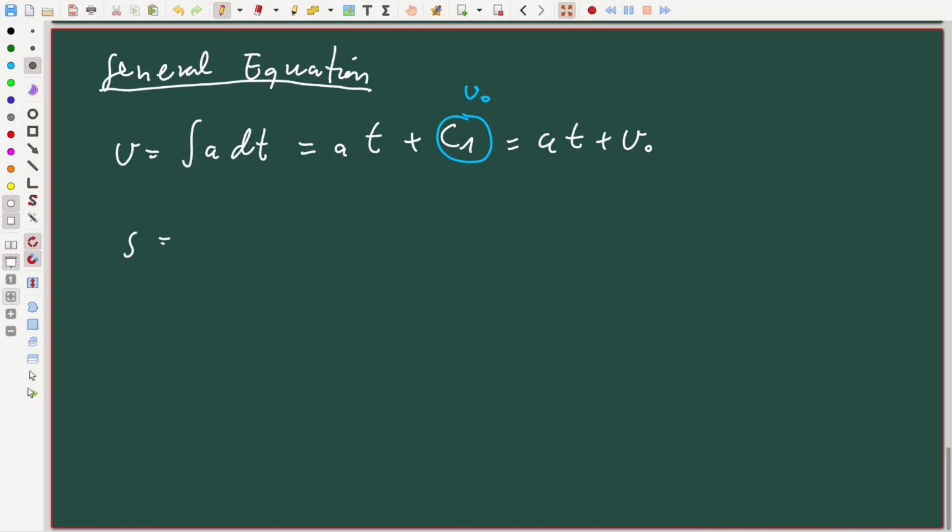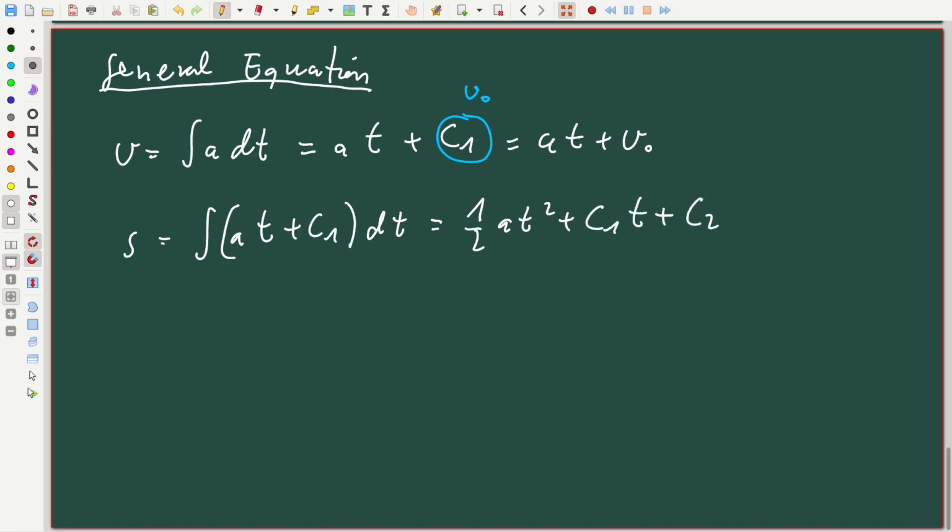So this would be s equal to the integral of at plus c1, and of course the integral has to be over this whole term dt. And then this gives 1/2 at square plus c1 t plus c2, and we know already that our c1 is again v0 and our c2 is already given as s0.